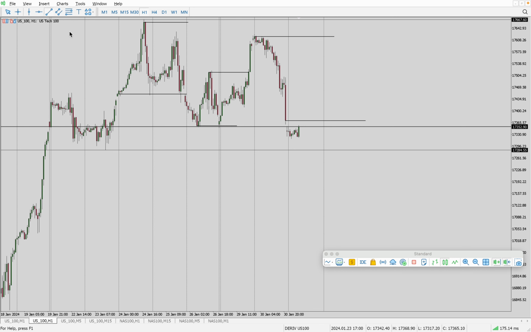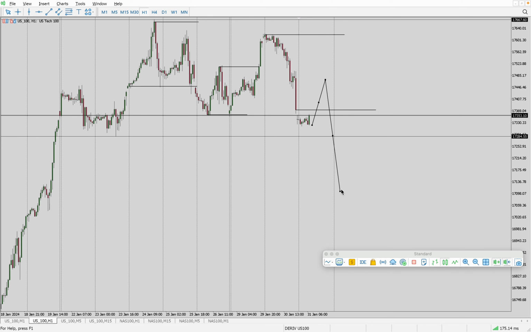So what I'm looking for is, without wasting any time, probably just halfway into the candle. Doesn't need to be that deep, right? And it doesn't need to go all the way down today.